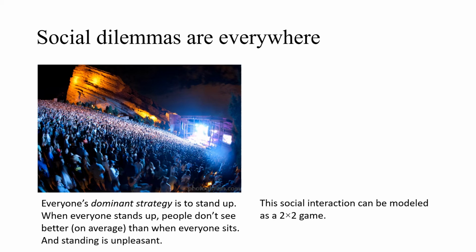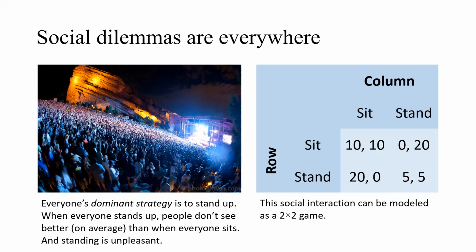We can demonstrate that in a model in a 2 by 2 game. In this matrix form, we see sit and stand together. Now pause the video for a second and find the Nash equilibrium in this matrix.